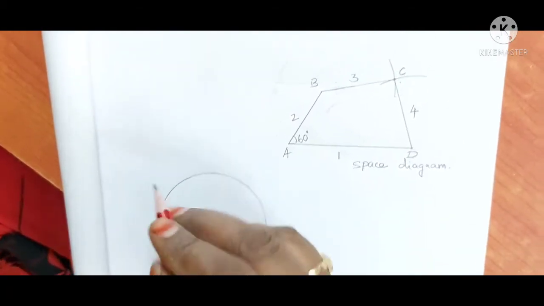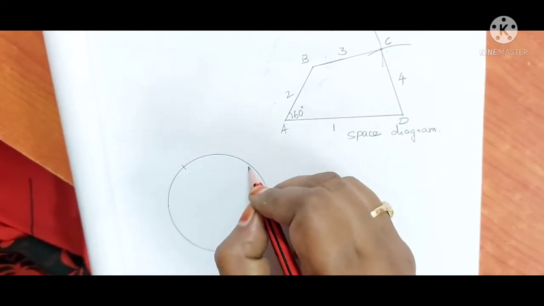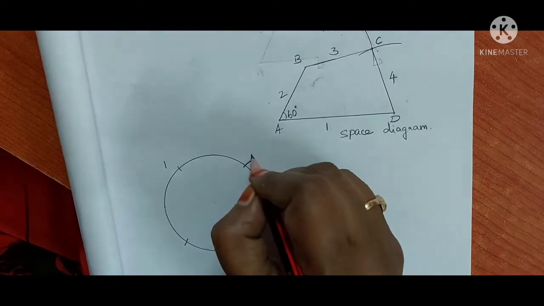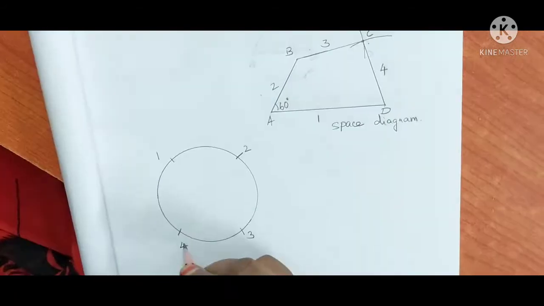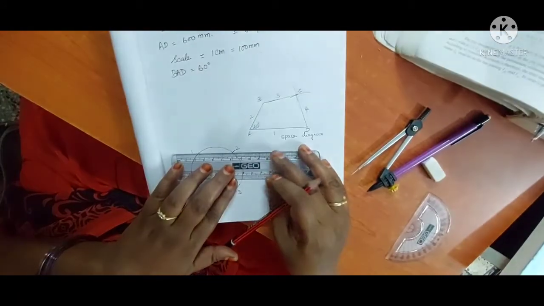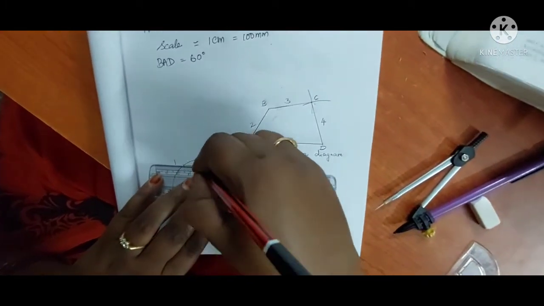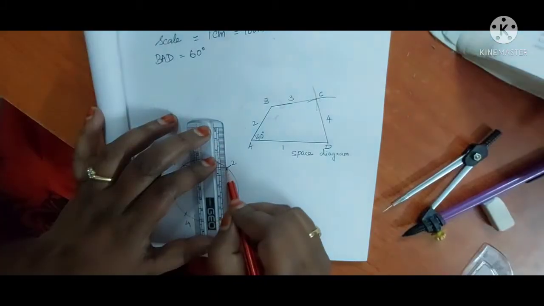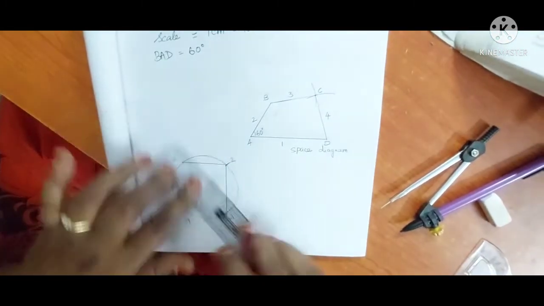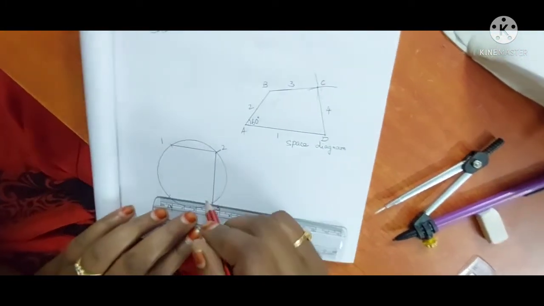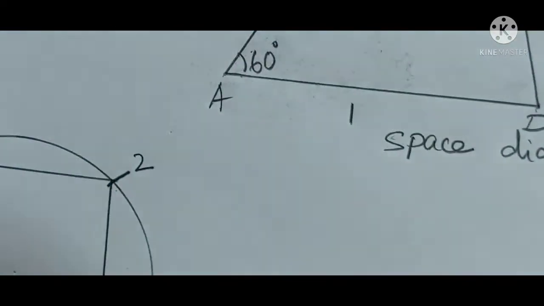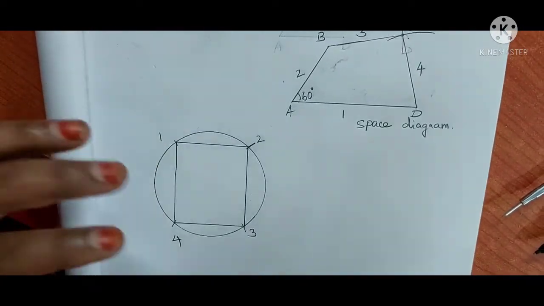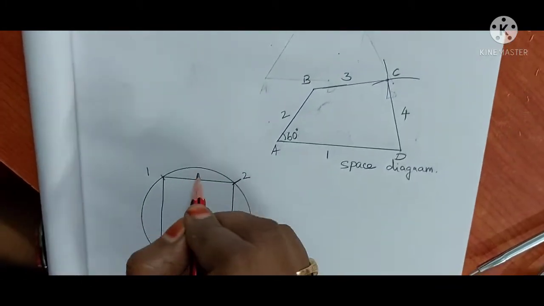Totally 4 links, so I take points as links 1, 2, 3, 4 and join them in the same configuration as given in the space diagram. 1 is connected with 2, 2 with 3, 3 with 4, and 4 with 1. So here we can locate 4 permanent centers.